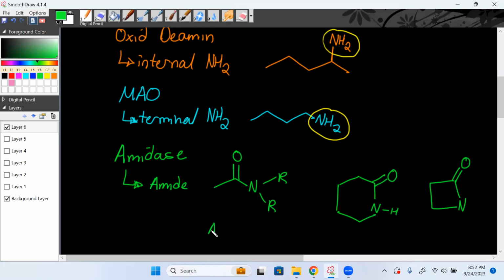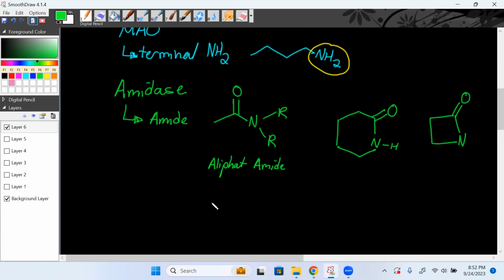So here what we have is what's called an aliphatic amide, which is basically just saying it's part of a chain. So we see something like this. That would be an aliphatic amide, versus a cyclic amide, which is also known as a lactam.